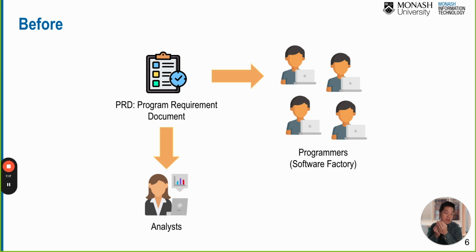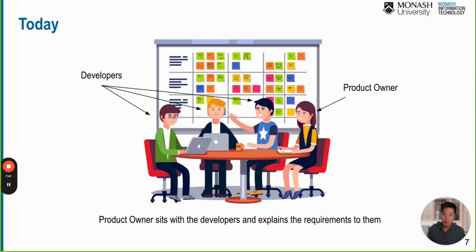There will be less communication, so potentially it could create misunderstanding and misconception, because the waterfall model is phase-based, not iterative at all. One iteration is really long, because we cannot go back to the requirement anymore.